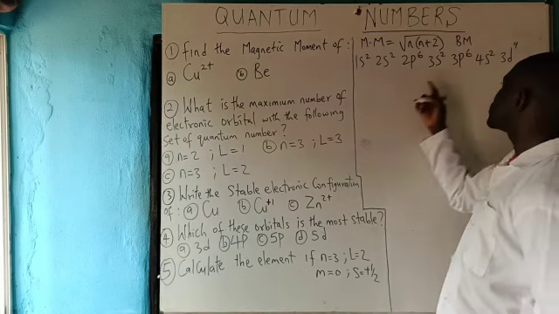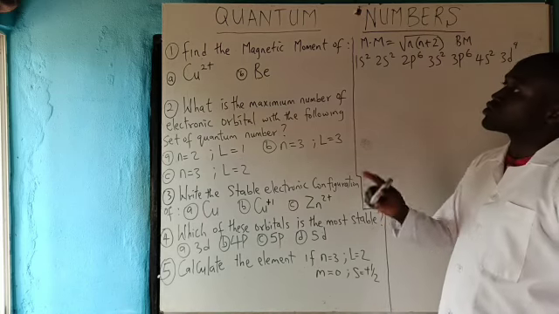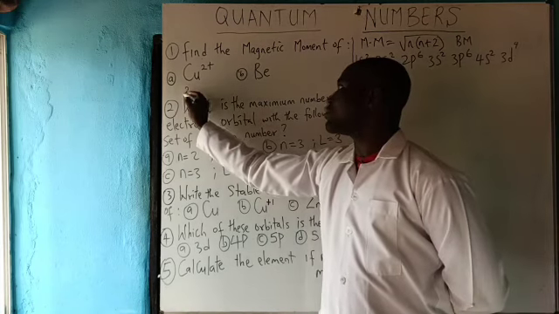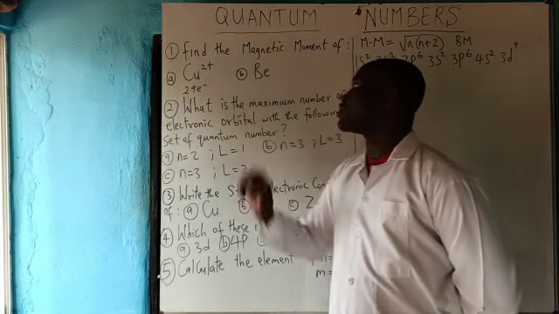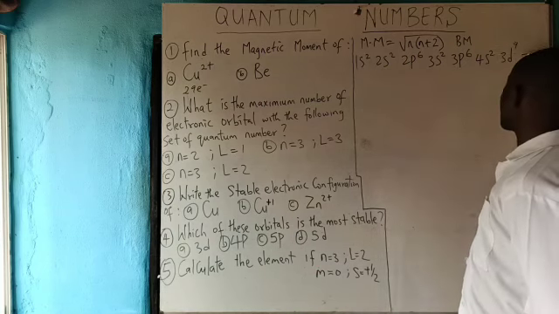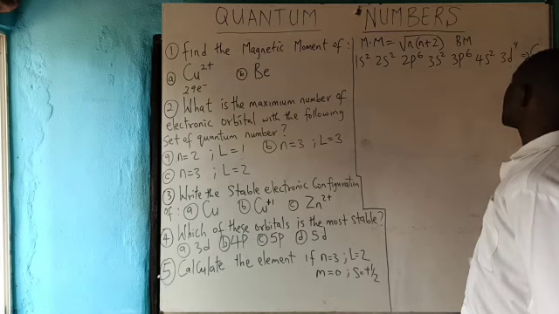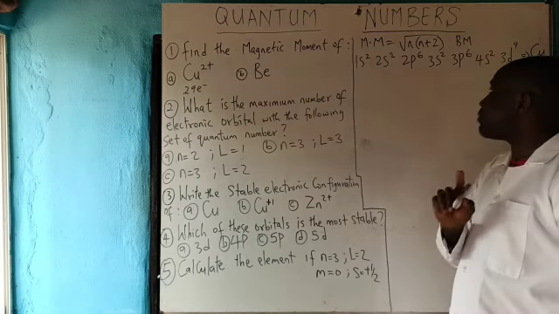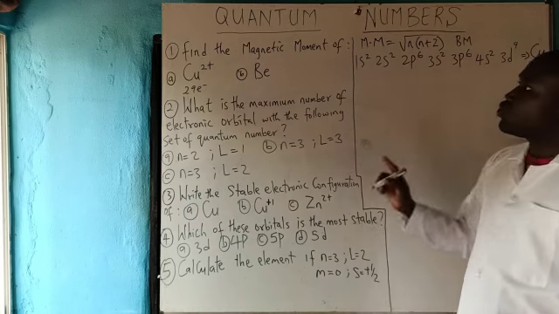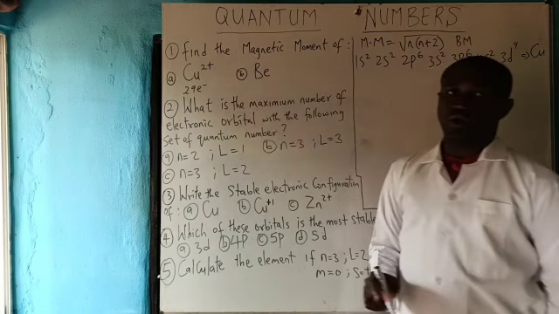Yes, we stop at 3d9 because copper has 29 electrons. So this is the electron configuration of copper, so to speak. And so, what do we mean by copper 2 ion?